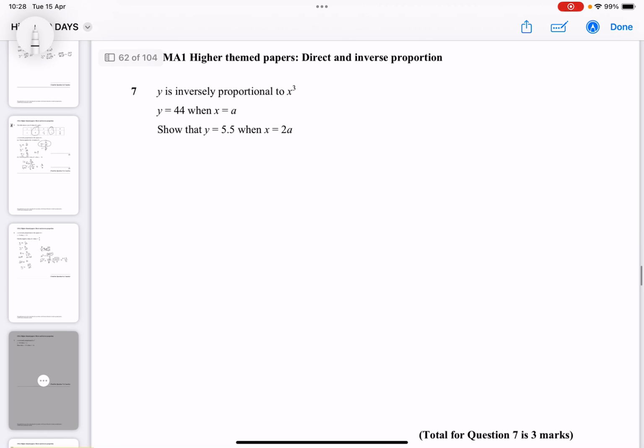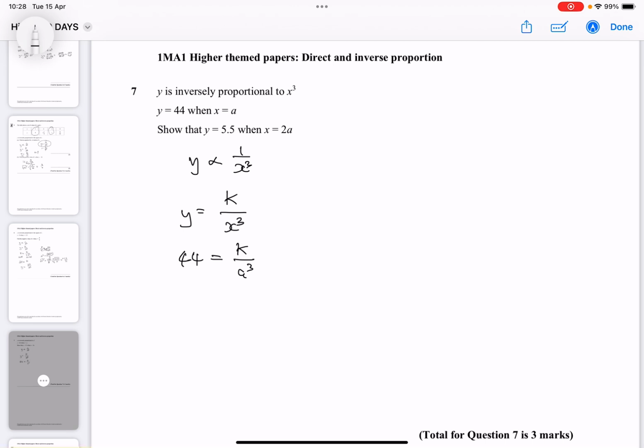Y is inversely proportional to x cubed. So y equals k over x cubed. Y equals 44 when x equals a. Show that y equals 5.5 when x equals 2a. So we've got 44 equals k over a cubed.